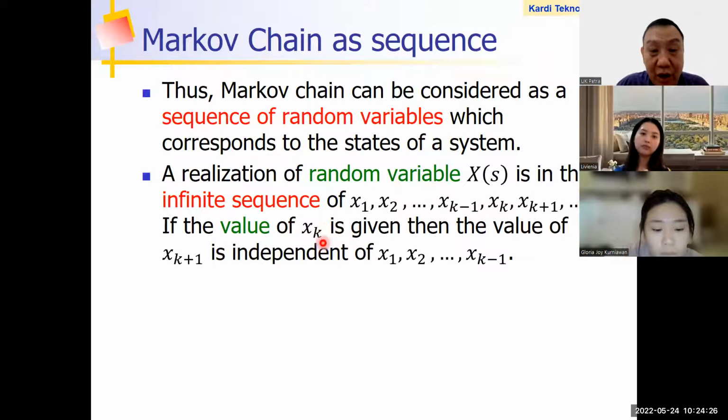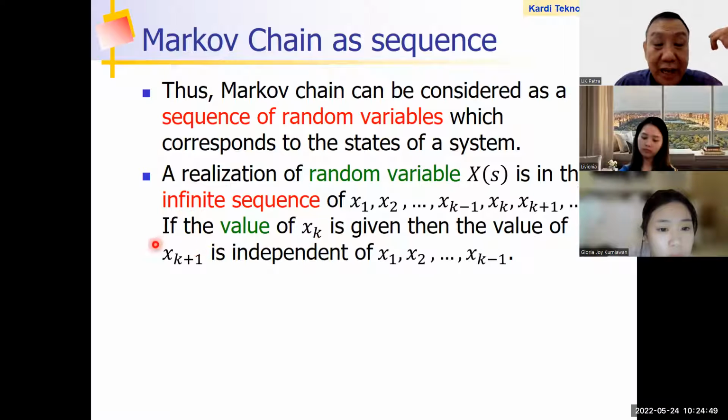Now, if the value of the state xk is given, then the value of xk plus 1 is independent of the sequence from the beginning until xk minus 1; you ignore that. Only the value of xk plus 1 depends on the value of xk, not on the previous values.